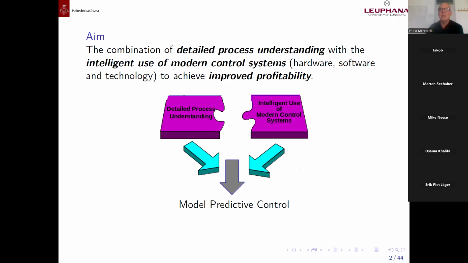We have seen also in the previous lectures that we always started from a model because, in modern control systems in cybernetics, nowadays the control strategies are model-based, and in particular model predictive control, because in order to predict based on a model, we need a detailed process understanding.